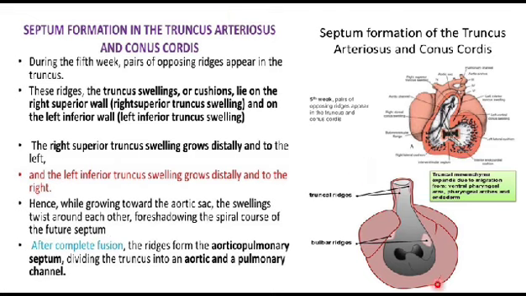Here in this diagram, the truncal ridges are the right superior and left inferior, and these are the bulbar ridges, right dorsal and left ventral. All these grow towards each other and fuse to form the aortopulmonary septum, which takes the spiral turn during its fusion because of the hemodynamics of the blood flow.